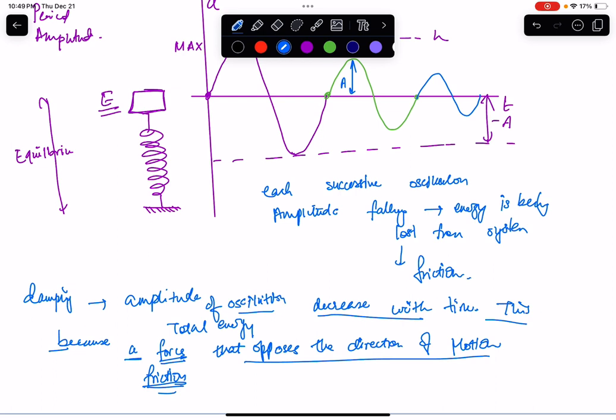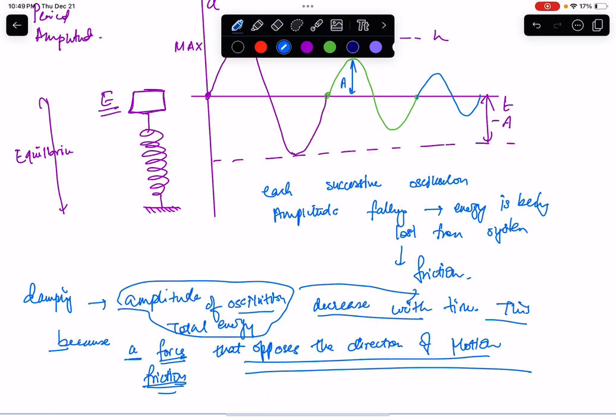Once again, the amplitude of oscillation, or total energy of oscillation, decreases with time because there is a friction force or any force that opposes the direction of motion.